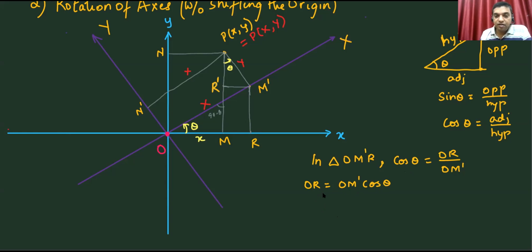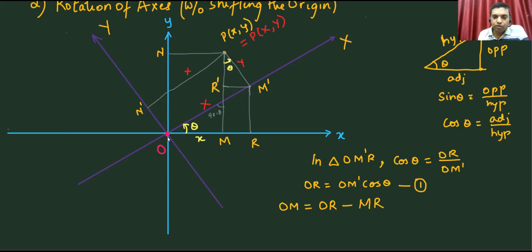Now OM is nothing but OR minus MR, correct? OR is OM dash cos theta. This I'll call equation 1.